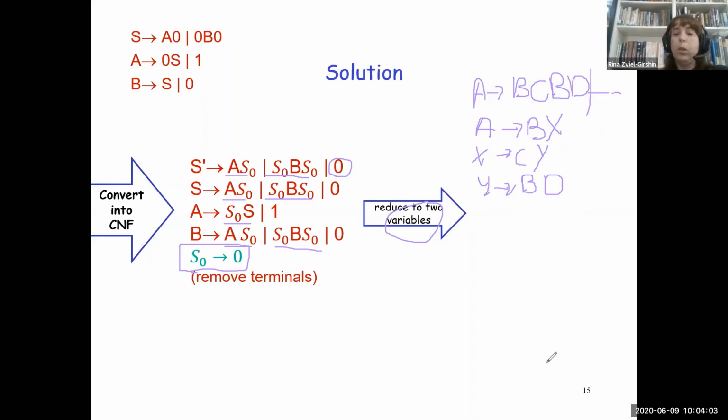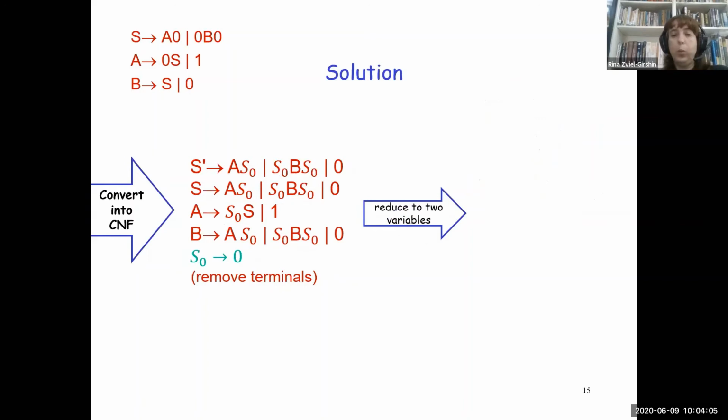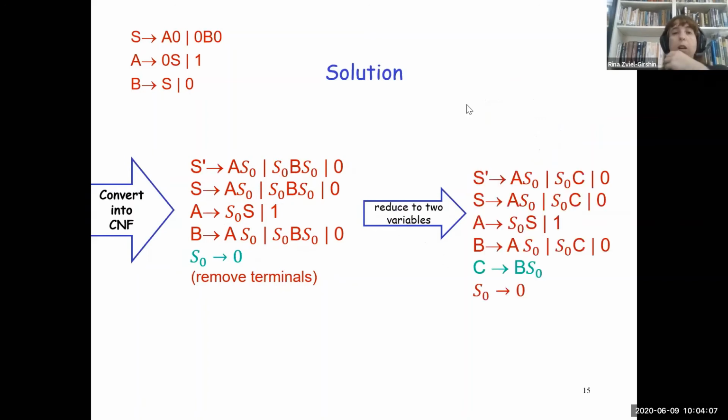Okay, so let's continue with our rules. The only rules that have three variables at the right-hand side were the rules S cap derives as 0, B as 0, and we had the same rule derived from S and from B. So I will rewrite those rules.